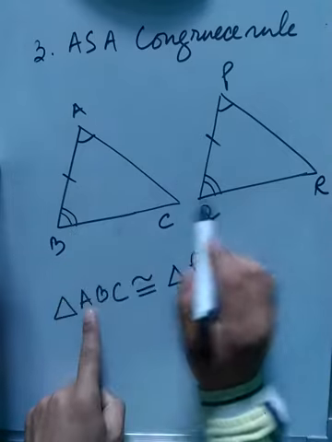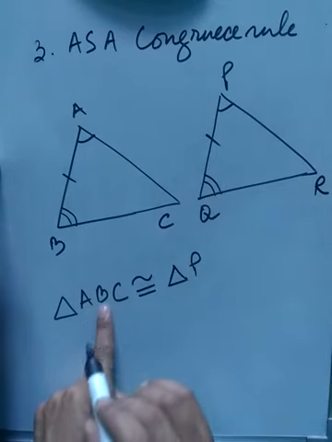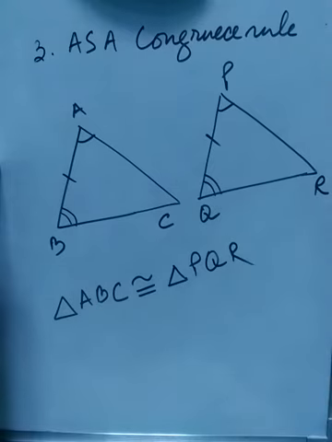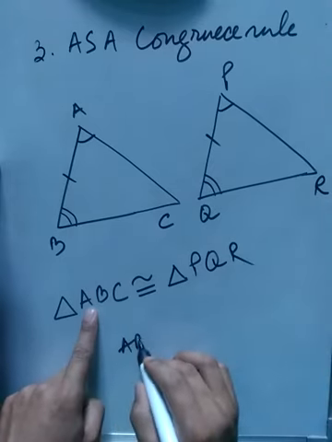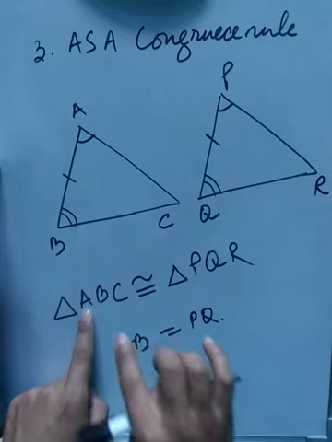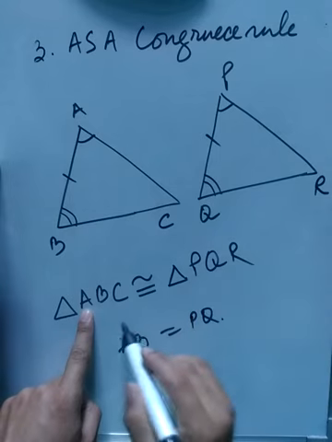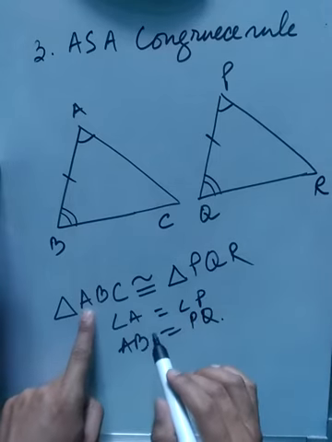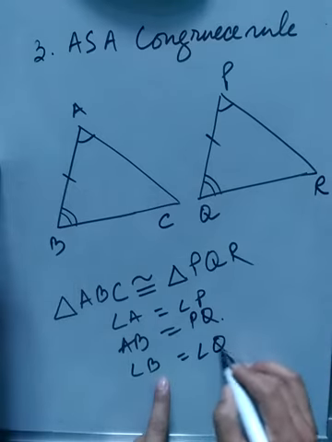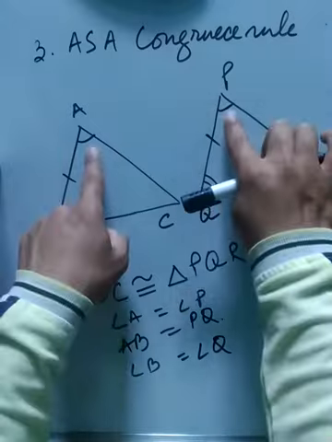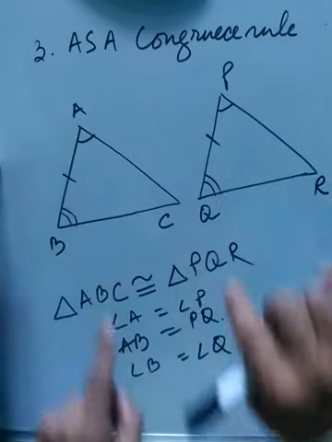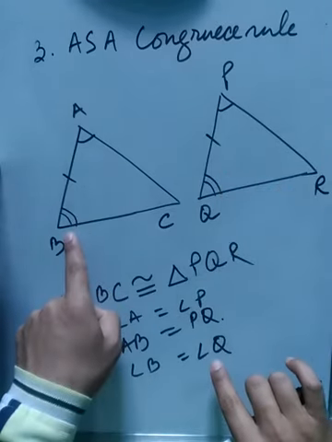Angle B equal to angle Q, but B is in the middle, that means Q also will be in the middle, so the remaining you just write, then it will tally. So AB is equal to PQ. See, it tallies now. Angle A is at the first, angle P is at the first, so angle A equal to angle P. Angle B is in the second, and even in the second there is angle Q. AB equal to PQ, and angle B equal to angle Q.